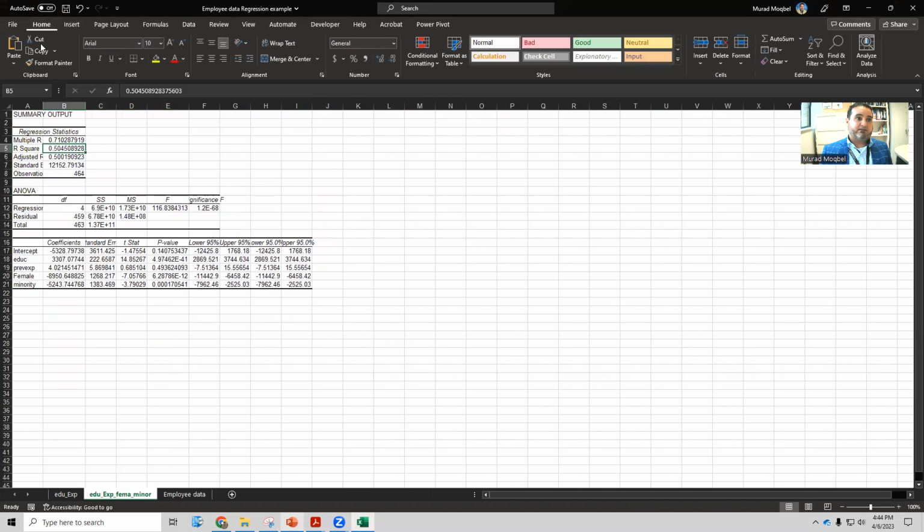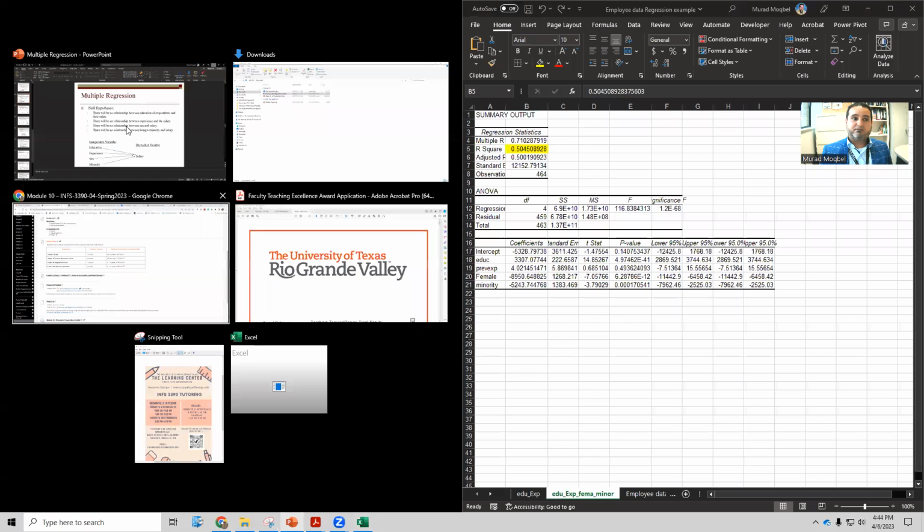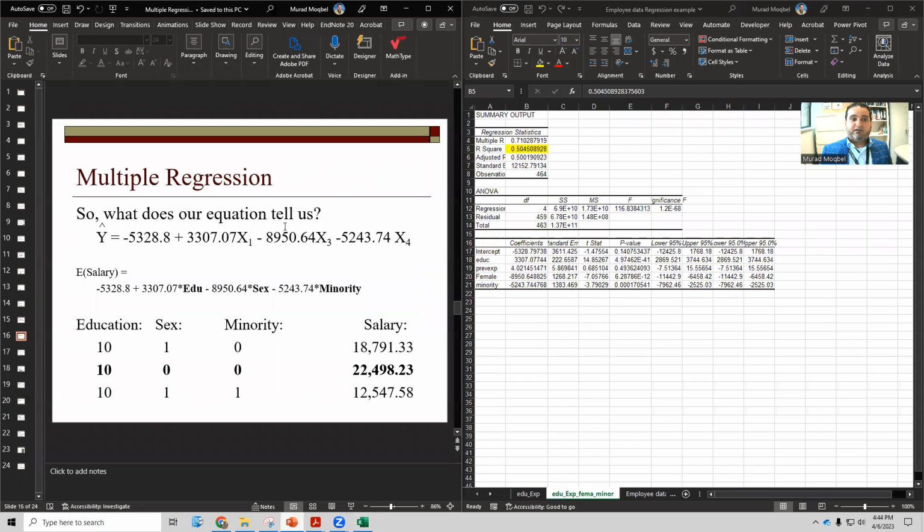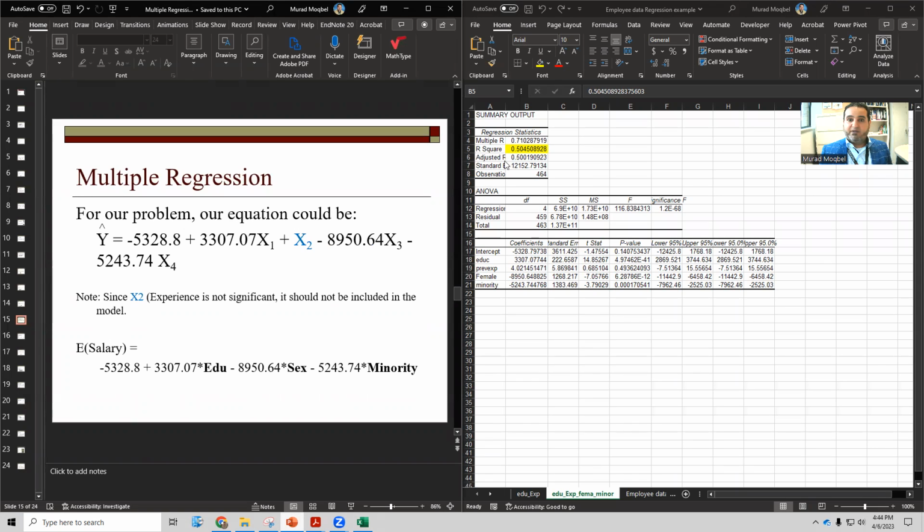I will highlight the beta coefficient. The R square here is 50%. So in other words, we can say the significant variables in my model explain 50% of salary.